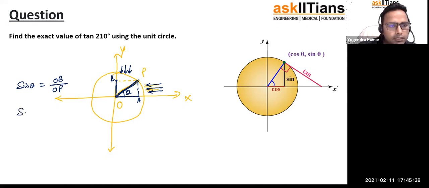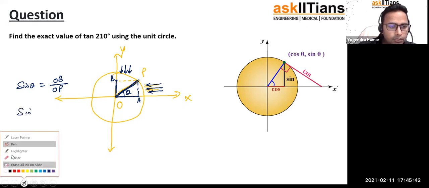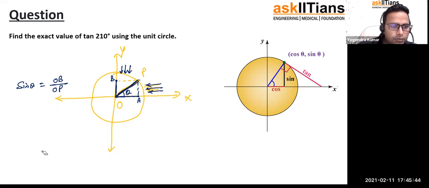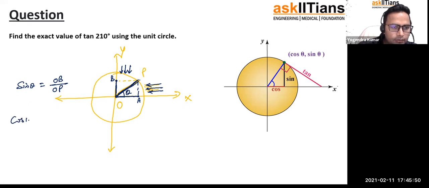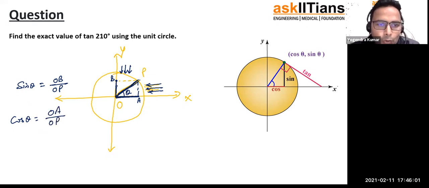And cos theta is going to be the shadow over the x-axis, OA divided by OP, right? We know this already. OB is equal to PA only, because it is a right angle here.